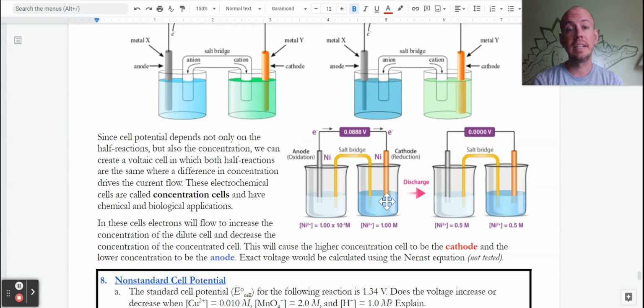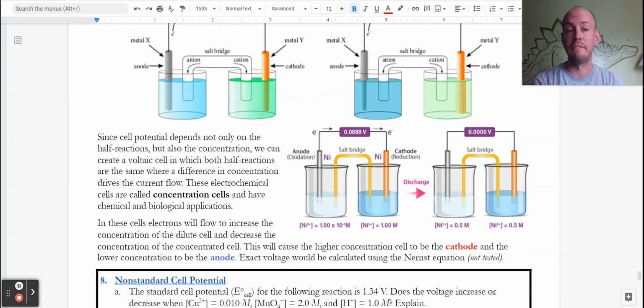The idea is similar, that we have a Q that isn't equal to, or that is further from our value of K that drives it even more. Or right here, I have too much nickel and not enough nickel. This one needs to dissolve away. This one needs to solidify until we have the same voltage in each.